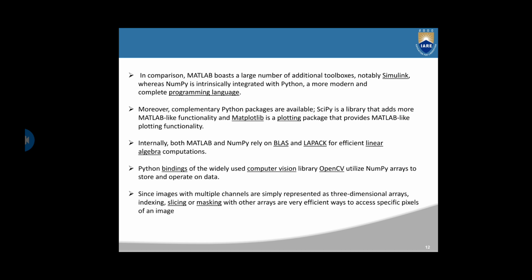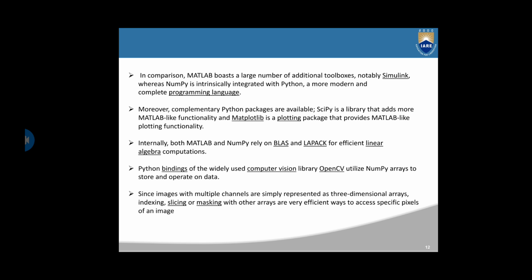Moreover, complementary Python packages are available. SciPy is a library that adds more MATLAB-like functionality, and Matplotlib is a plotting package that provides MATLAB-like plotting functionality. Internally, both MATLAB and NumPy rely on BLAS and LAPACK for efficient linear algebra computation.